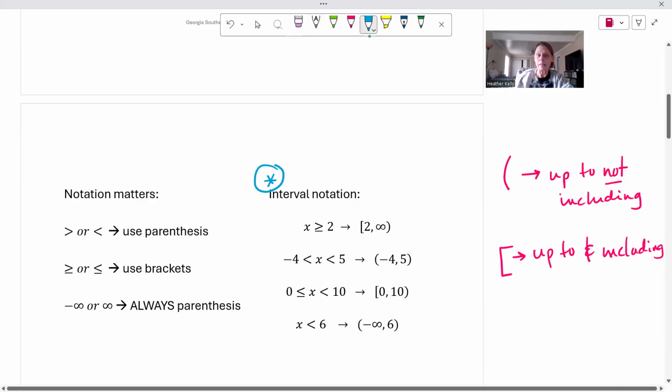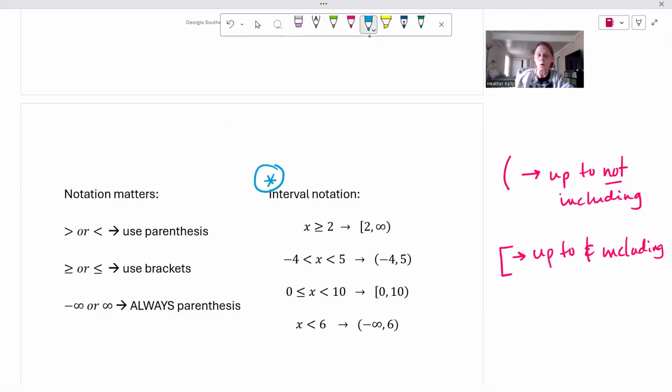And I have some examples here, say after you've done your work, like how do you write your solved inequality into interval notation here. This first says x is greater than or equal to 2. All right.